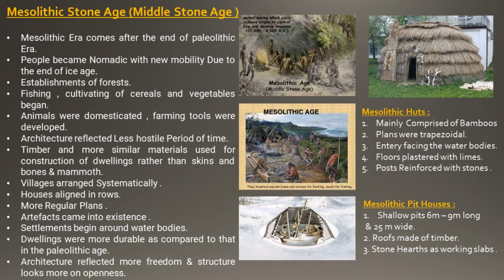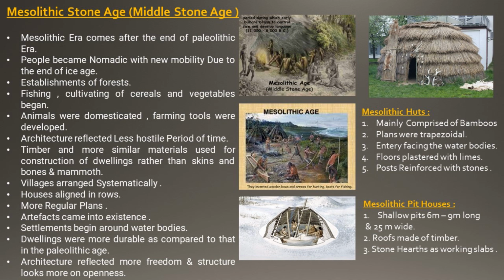Phase 2 of the Stone Age, also known as Middle Stone Age Era. People became nomadic with new mobility because of the end of the ice age. Considering the architectural development, timber and similar materials were used for construction of dwellings after the skins, bones and mammoth. Villages were planned in symmetry rather than placing huts organically.